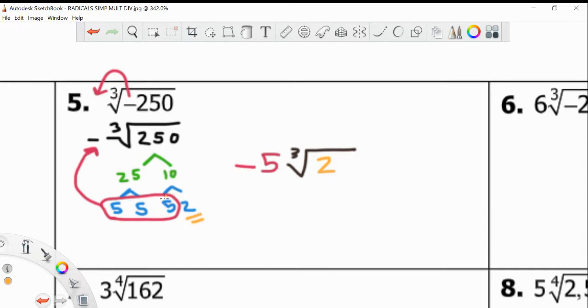This 10 got broken up into the 5 and the 2. So these numbers that you've broken up, some people like to cross them out just so they don't confuse them. The 2 is the only thing left over. The 2 goes there. Easy. And that's the whole question.